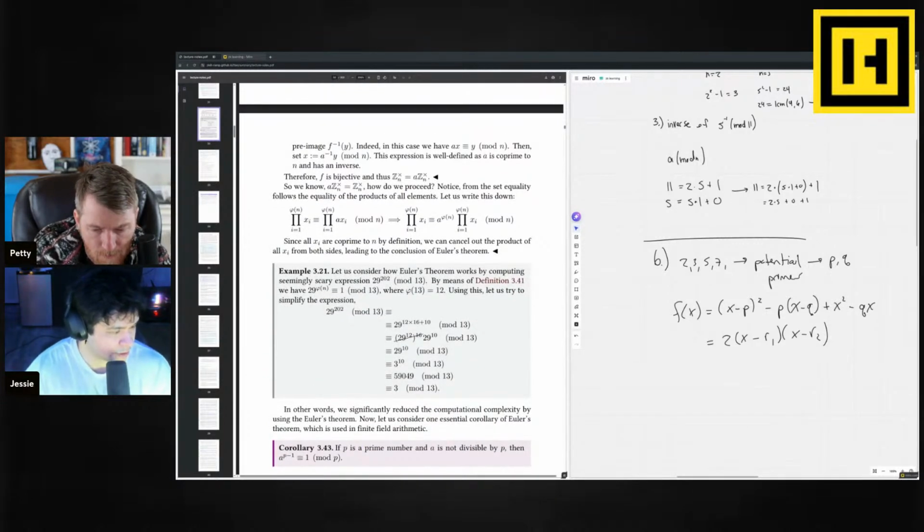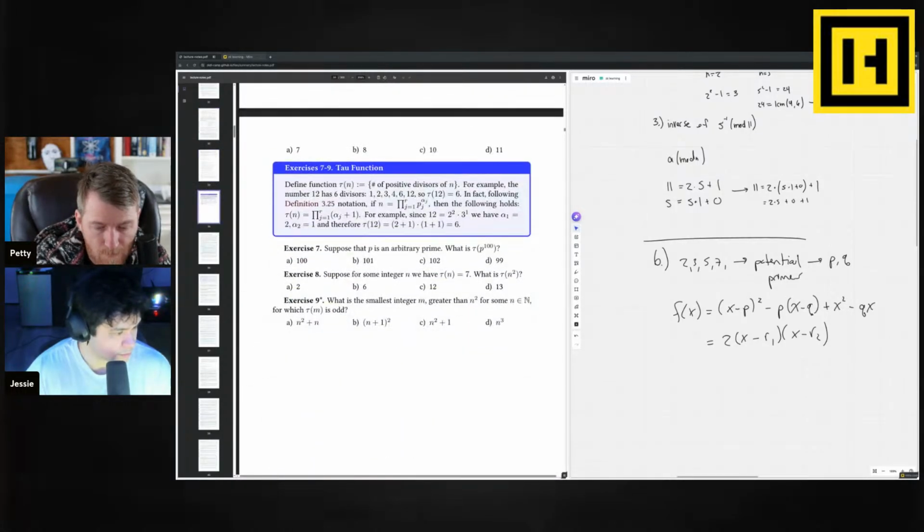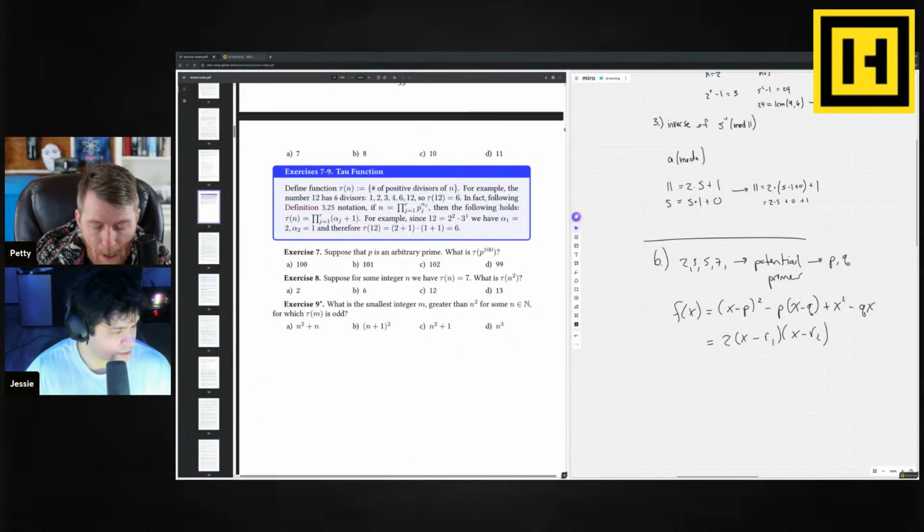I'm still trying to understand how they got 12 equals 2 squared times 3 to the first power. So tau of 12 is equal to 6. In fact, following definition 3.25 notation, if n is equal to the product from j equals 1 to r of p sub j to the alpha sub j. So p is... That's from up here.